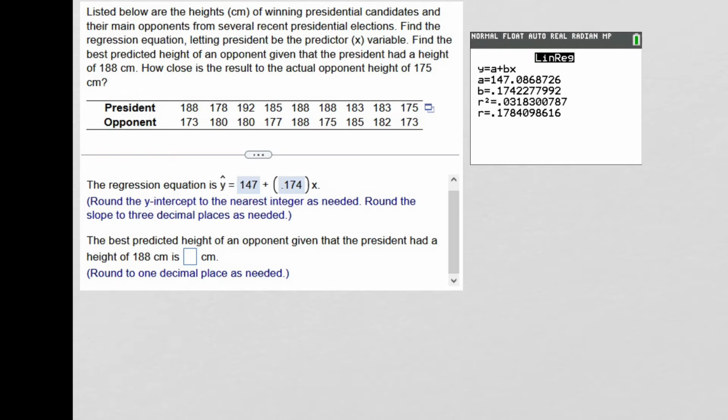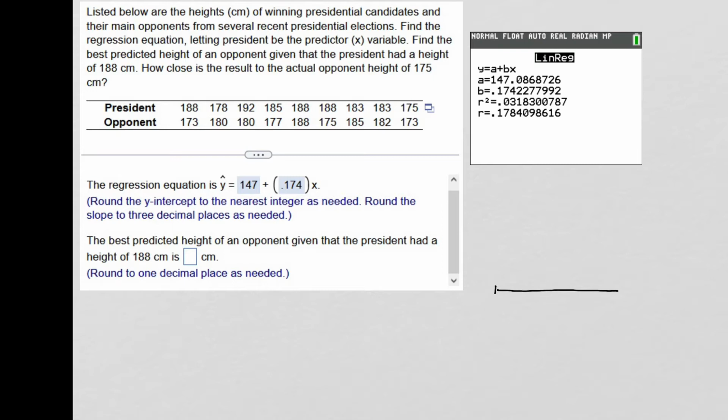Okay, so now we're ready for part 2. Now we want to find the best predicted height of an opponent given that the president had a height of 188 centimeters. So here's what I do at this point. I'm going to make a number line for the value of the correlation coefficient.